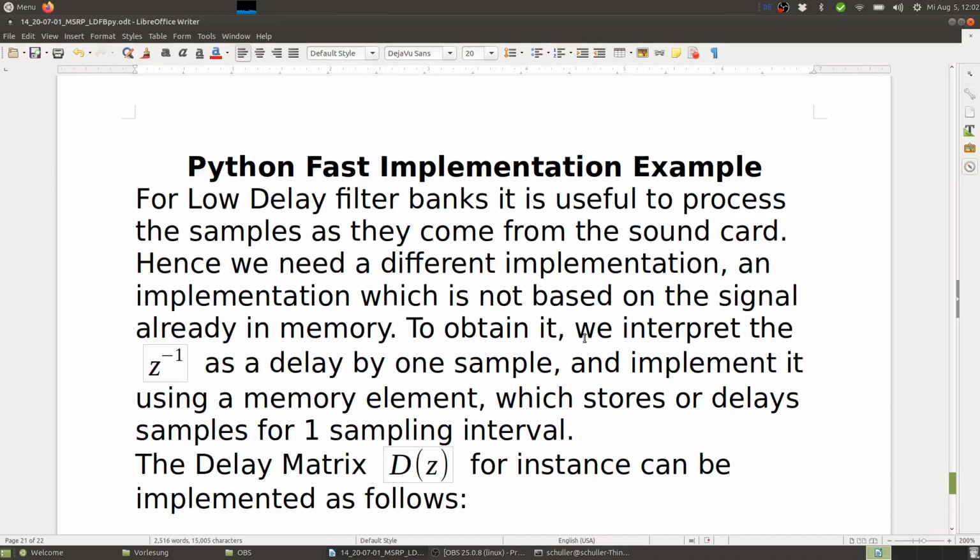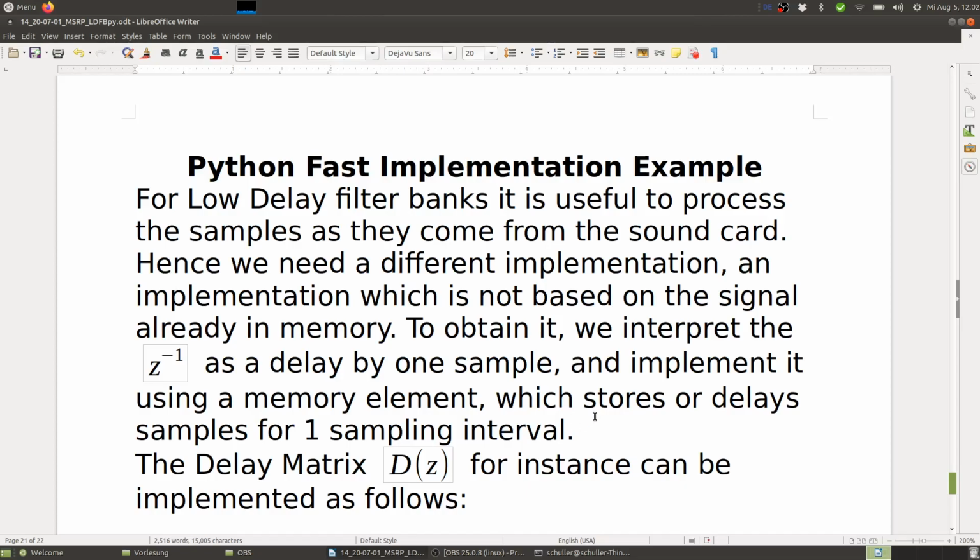To obtain it, we interpret the z to the minus 1 as a delay by one sample, which it is, and implement it using a memory element, which stores or delays samples with one sampling interval. So instead of having a symbolic processing, we now actually implement the z to the minus 1 indeed as a delay by one sampling interval.